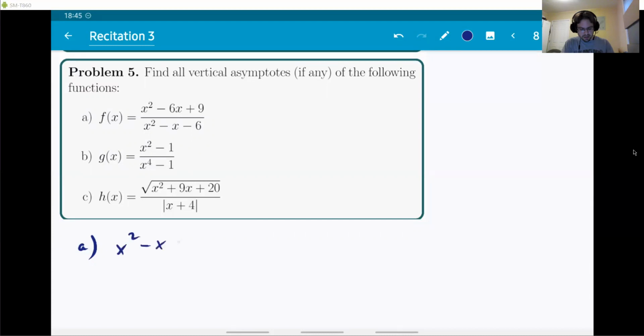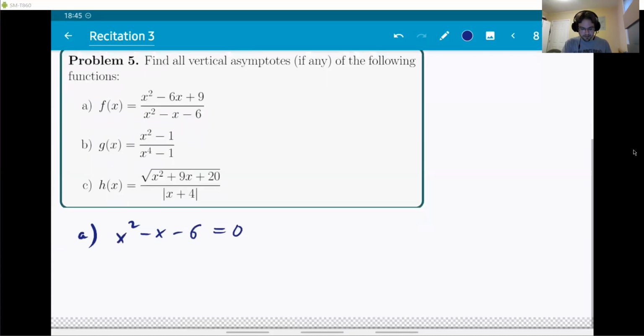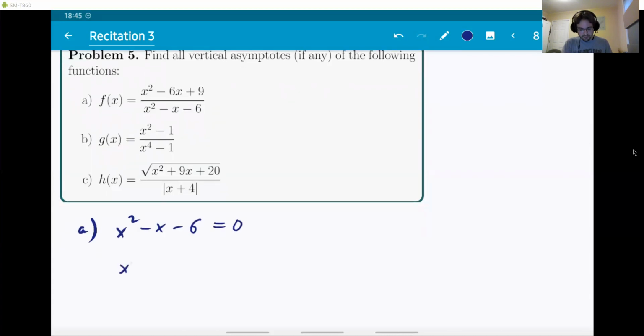So that's how we're going to be solving these problems. For example, in A, try to first of all find the places where the denominator, x squared minus x minus 6, is 0. Well, if you factor this, there's only 2 points, 3 and negative 2, where you can potentially have a vertical asymptote.